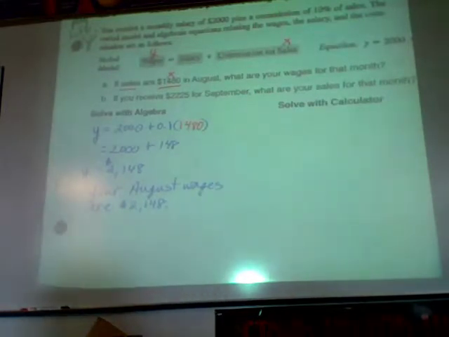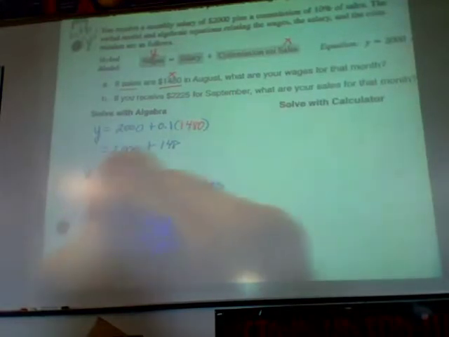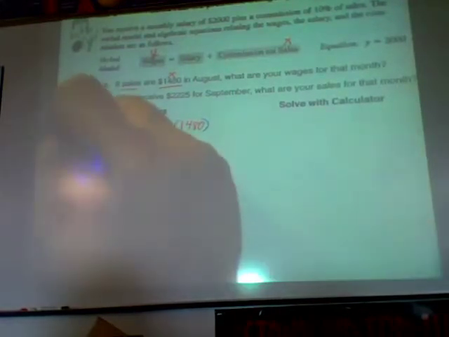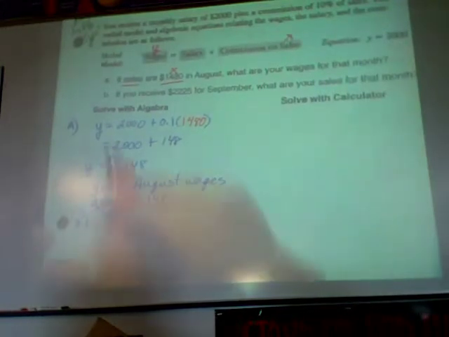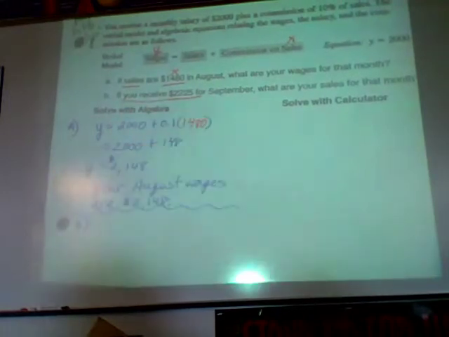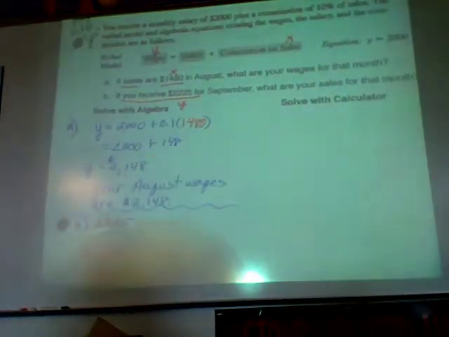Then part B says, if you receive $2,225 for September, what are your sales for that month? So what does "you receive" represent? That's your Y. So we're going to put 2225 in for Y equals 2,000 plus 0.1x.